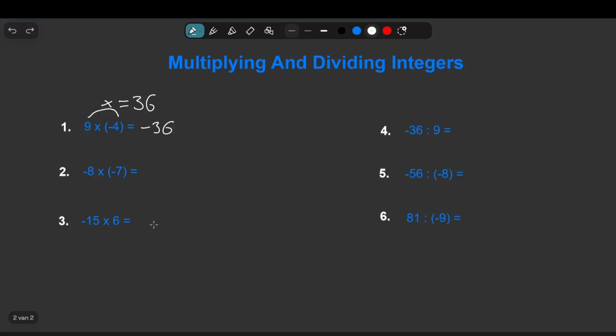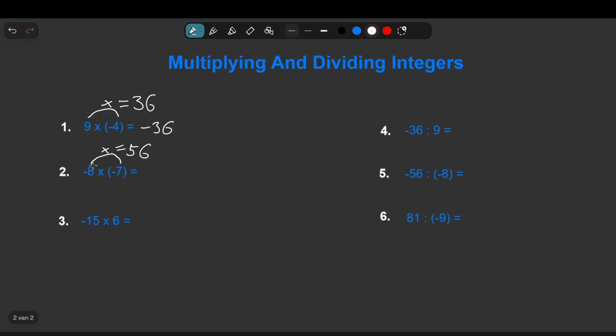So let's go to problem 2. Negative 8 times negative 7. Both numbers are negative. Since they have the same sign, our answer is going to be positive. So now we're going to multiply these two numbers without the negatives. So we're going to do 8 times 7. 8 times 7 equals 56.